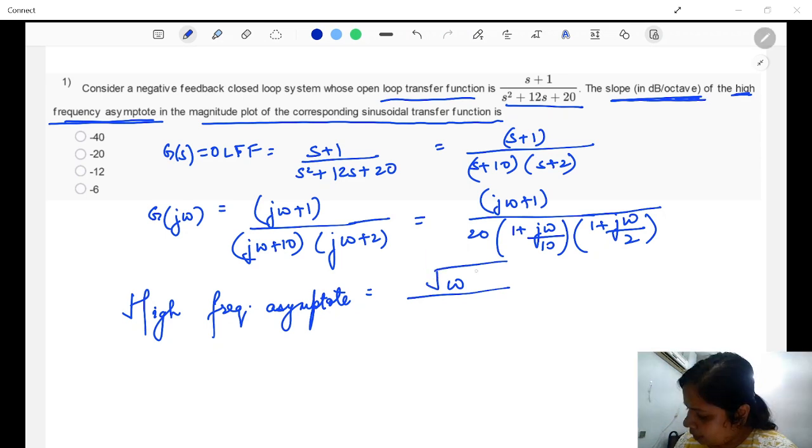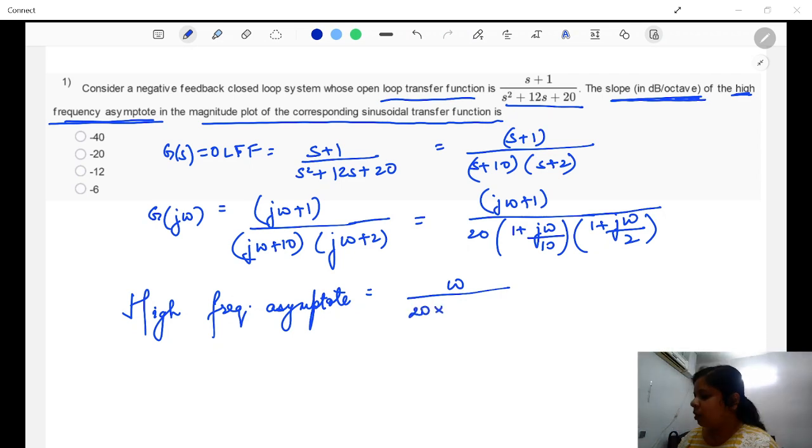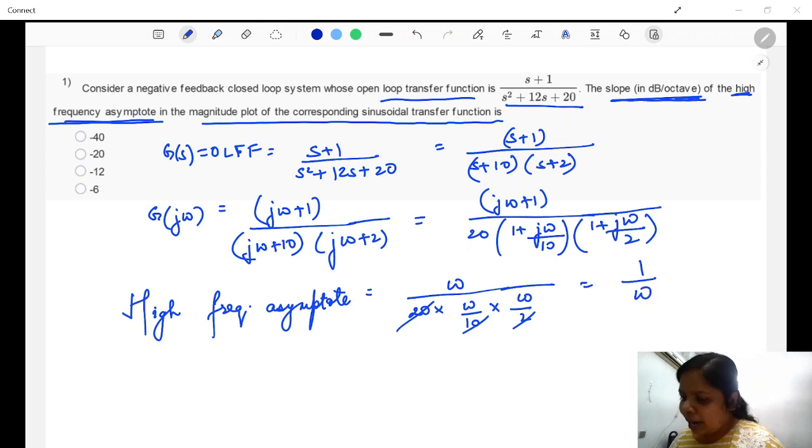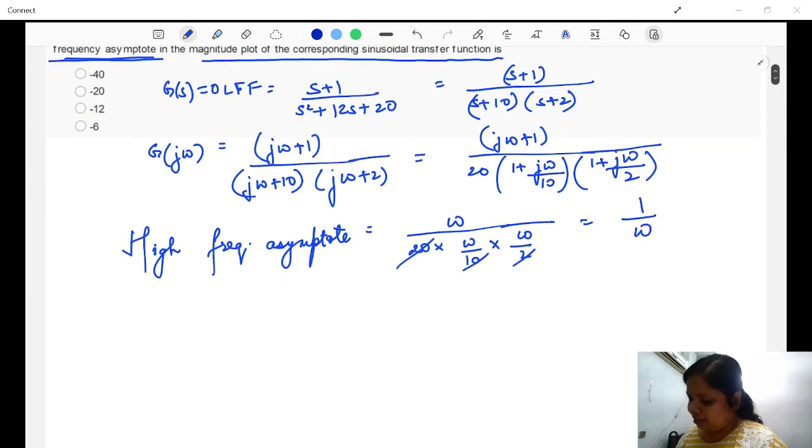Since it is a high frequency asymptote, definitely this 1 will be neglected. When this 1 is neglected, you get under root of omega square, which is just omega. In the denominator, doing the same thing, you would just get omega upon 10 here, and you'll get omega upon 2, with the constant 20 in front. So all of these cancel out and you get 1 upon omega. So this is the magnitude you are getting.